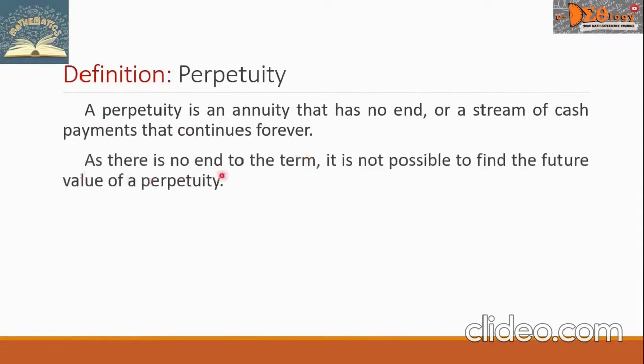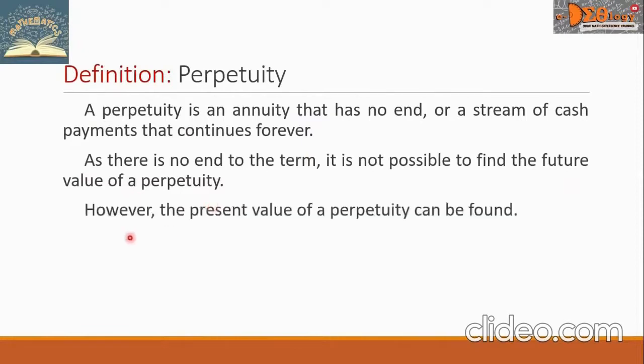As there is no end to the term, it is not possible to find the future value of a perpetuity. However, the present value of a perpetuity can be found.